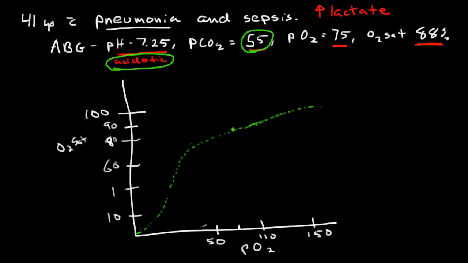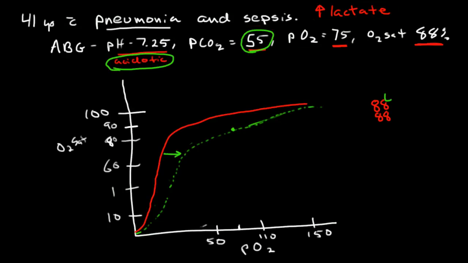So the normal curve would have looked something more like this. Okay, so this patient has shifted to the right. And this is because the patient has looser binding on the oxygen receptors of the hemoglobin.